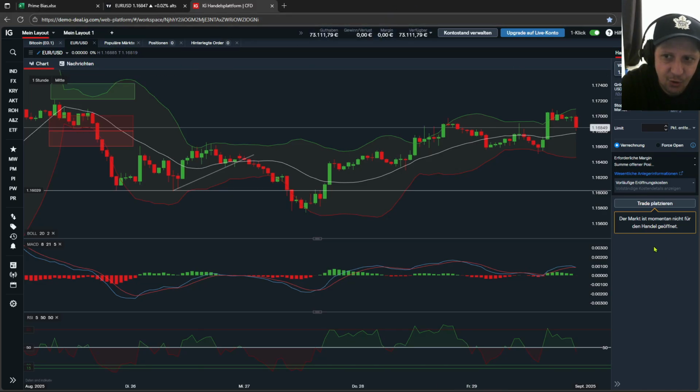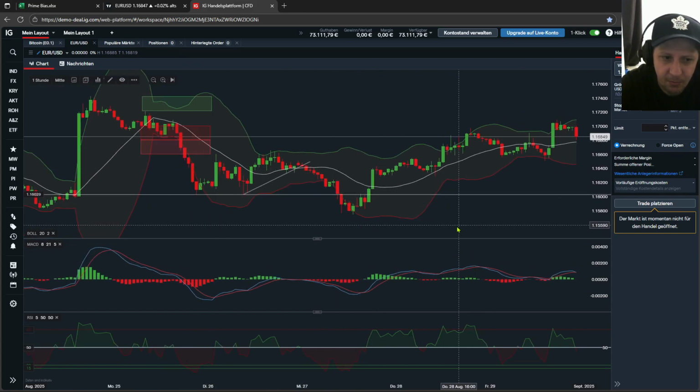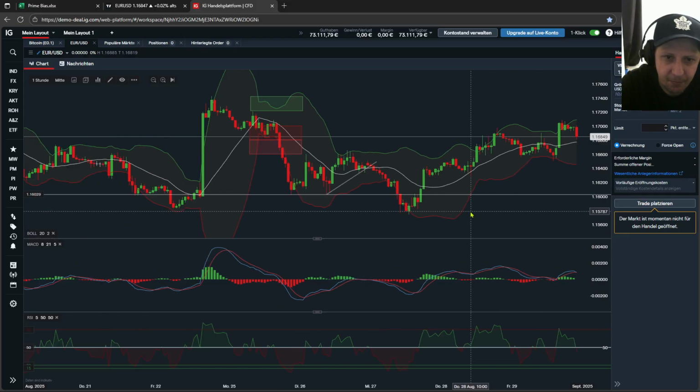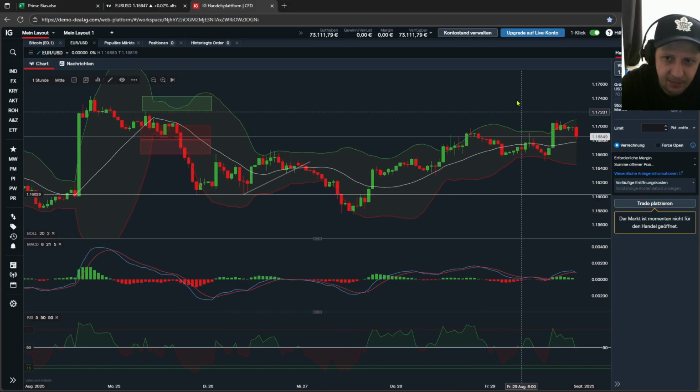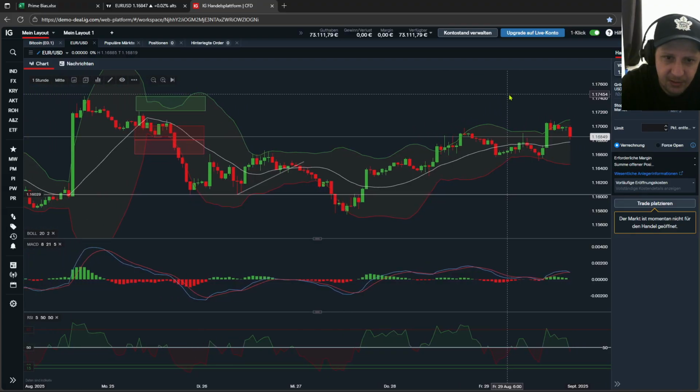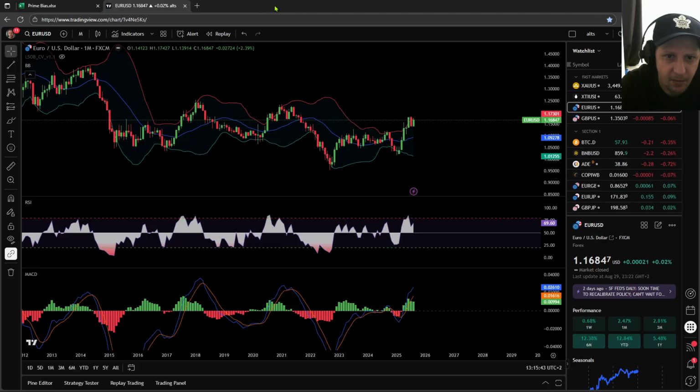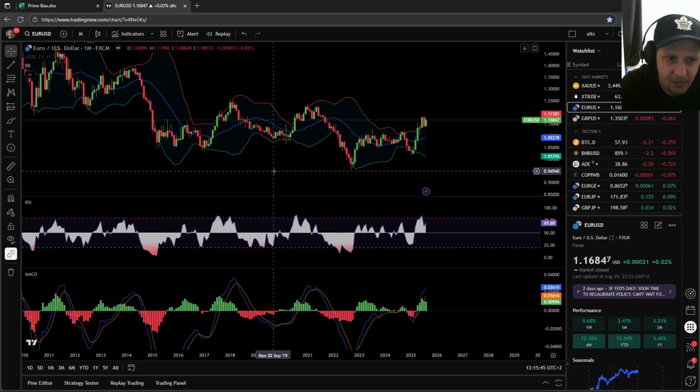For me it's in German, but for you it will be in your language, and you can put up, I don't know how much, but at least 3 indicators, so you don't have to pay for it. It's not as good as TradingView, but for what I will do, how I prepare, it's perfect. But I still have the paid version of TradingView, so I will use this for now.